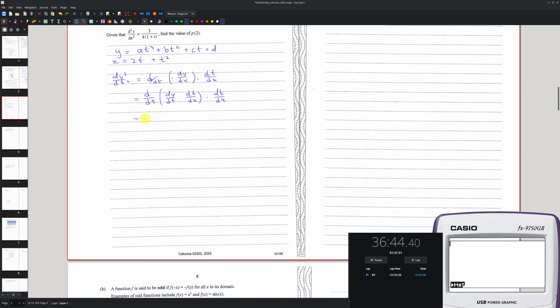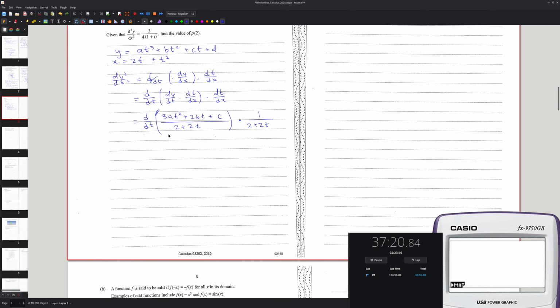So this is just d by dt of 3t squared plus 2 over 2 plus 2t times 1 over 2 plus 2t.